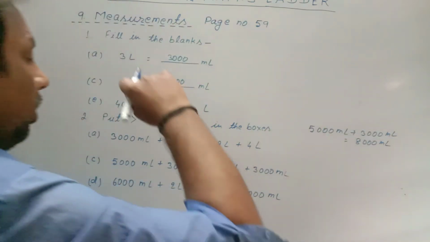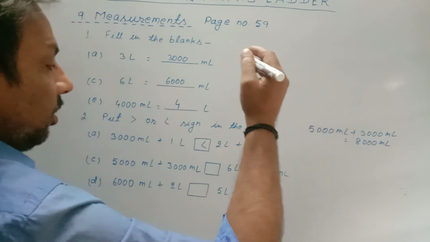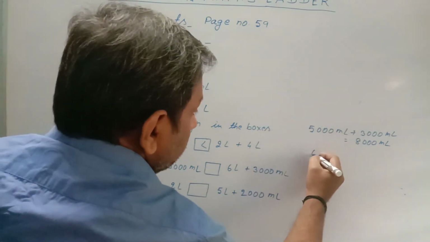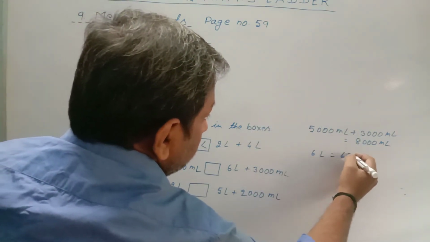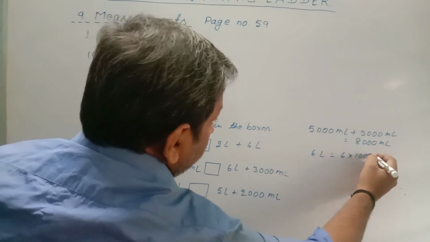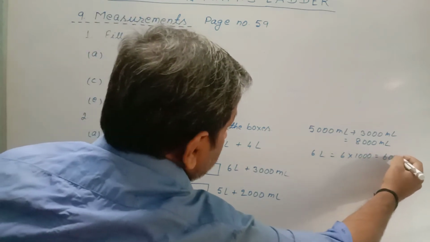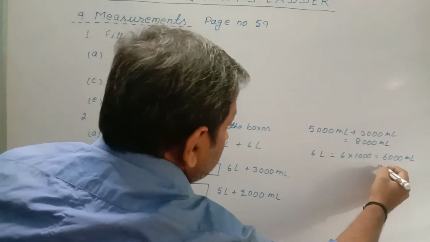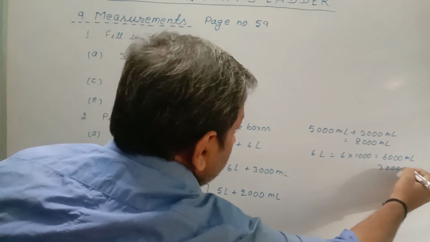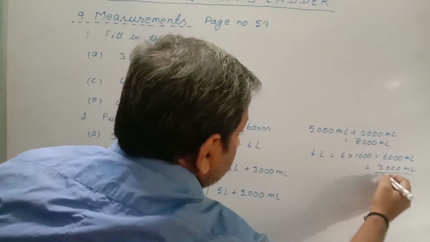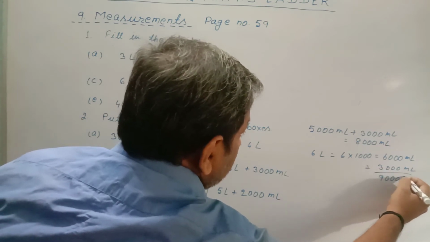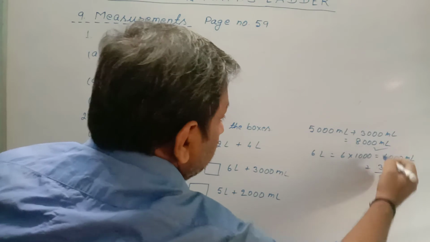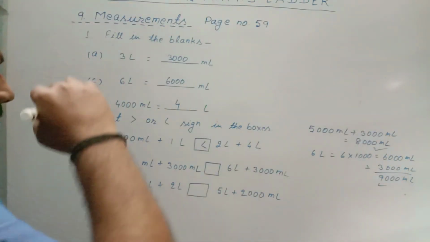And after the box 6 liter plus 3000 milliliter. 6 liter will be 6 into 1000 milliliter, that is equal to 6000 milliliter, and 3000 milliliter. We'll add these two, we'll get 9000 milliliter. So 8000 milliliter is smaller than 9000 milliliter.